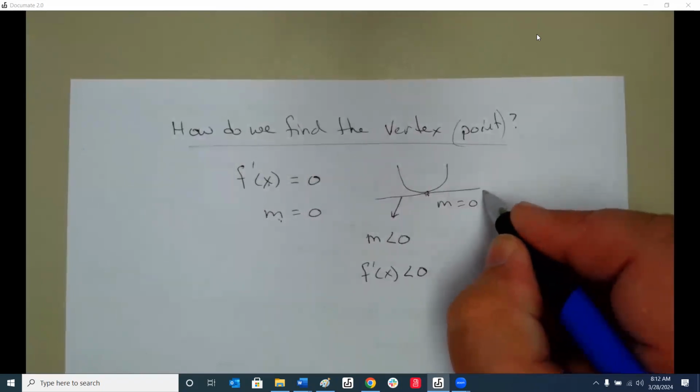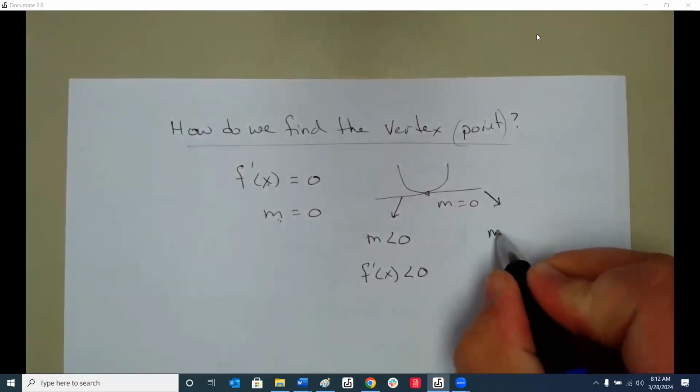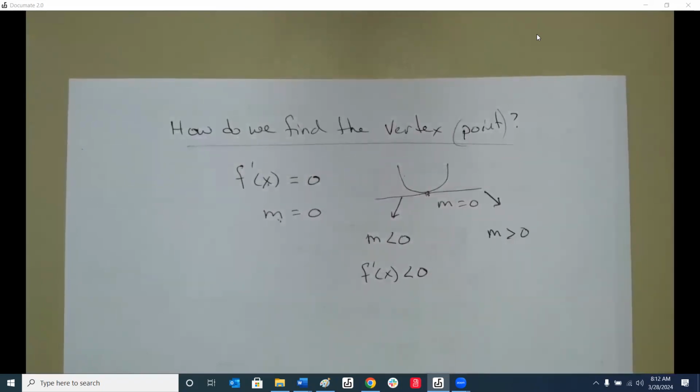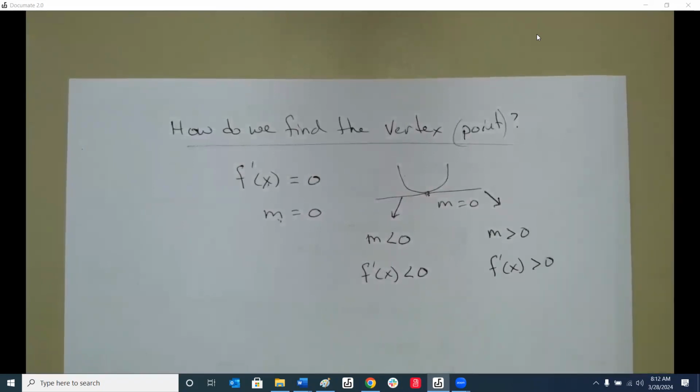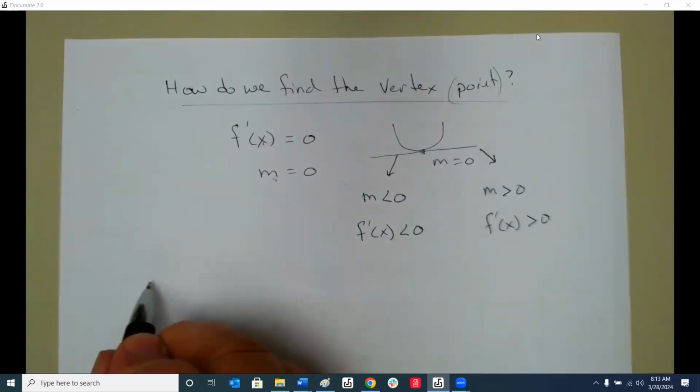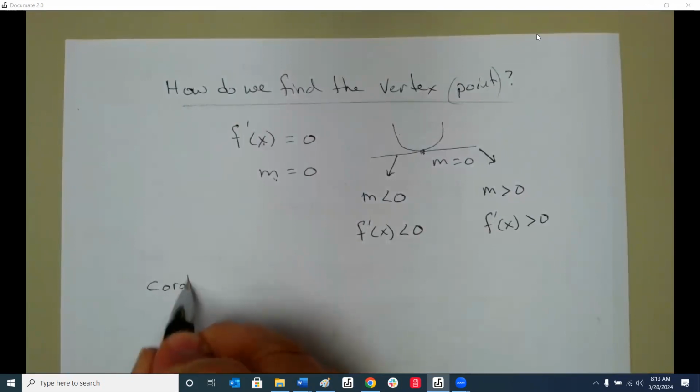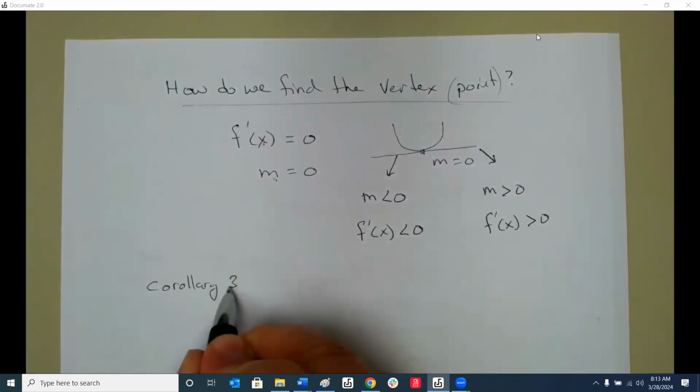On the right-hand side, the slope is positive because it's going up. That means the first derivative is positive. Which is what we see on our sheets, what we call corollary 3.